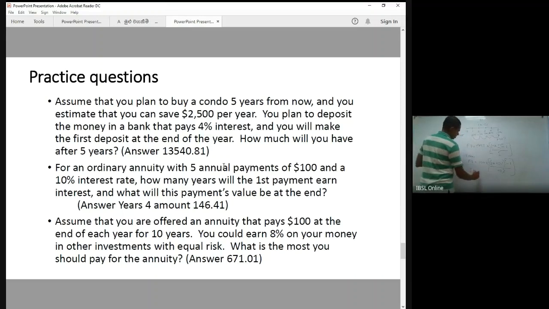The future value of this annuity is $610.51.